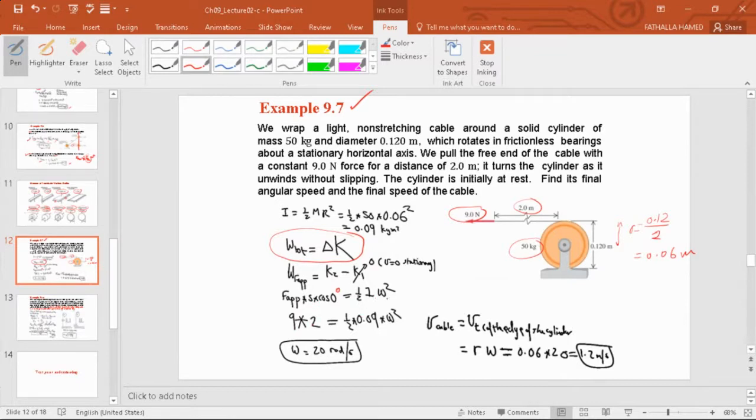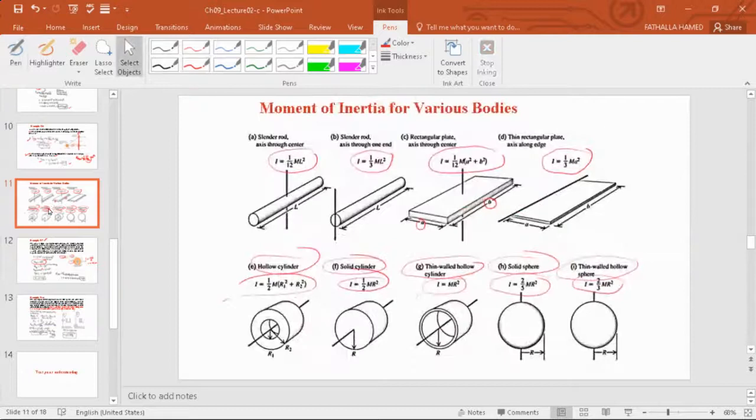This should equal the change in kinetic energy, but the only kinetic energy you have here is the rotational kinetic energy of this cylinder. And this is a solid cylinder, so the moment of inertia of a solid cylinder is 1/2 mr squared.